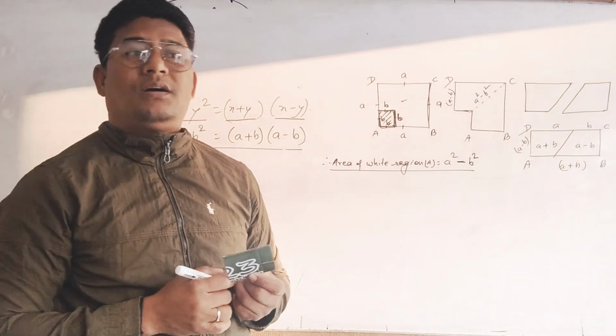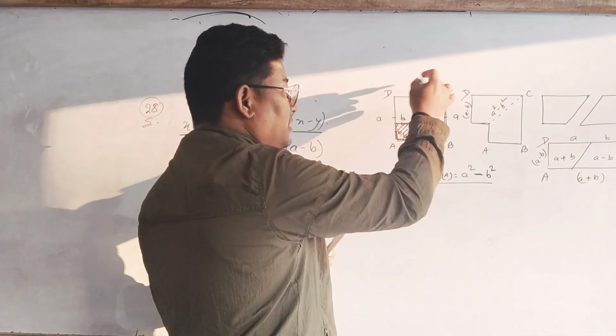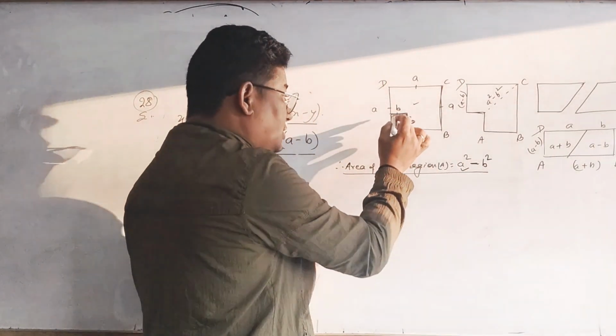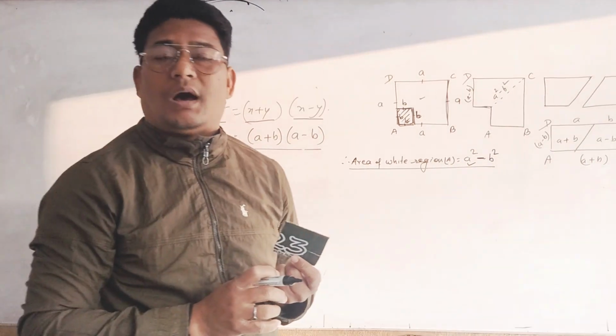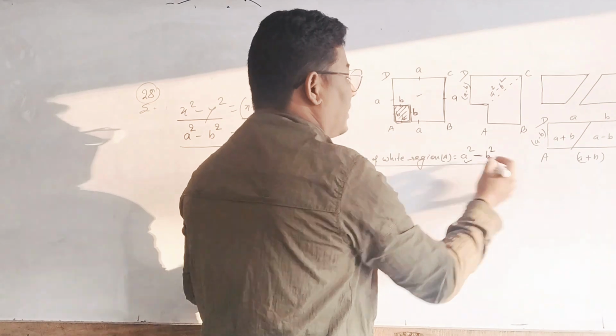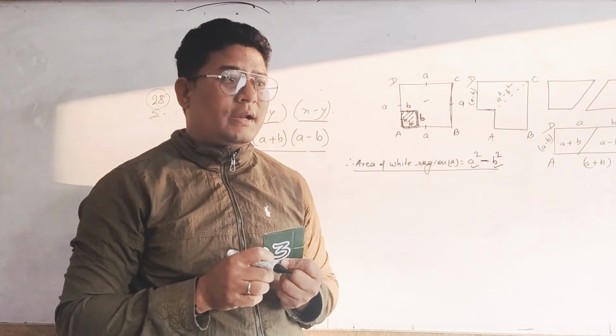How do you find it in the algebraic method? First of all find the area of the big square, which is A square, and subtract the area of the small region, which is dark, black, and its area is B square. Can I write this much? Yes, sir.